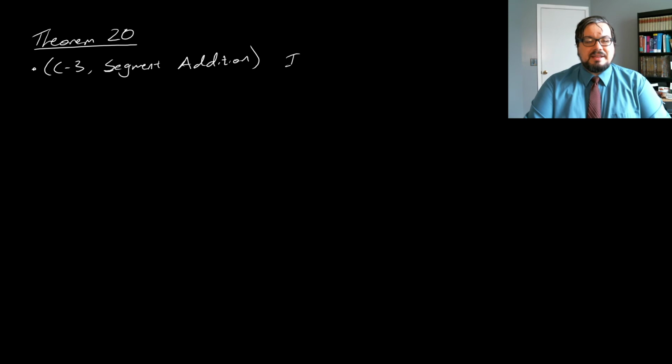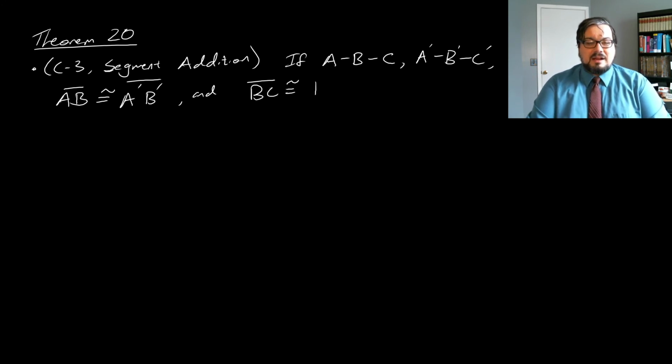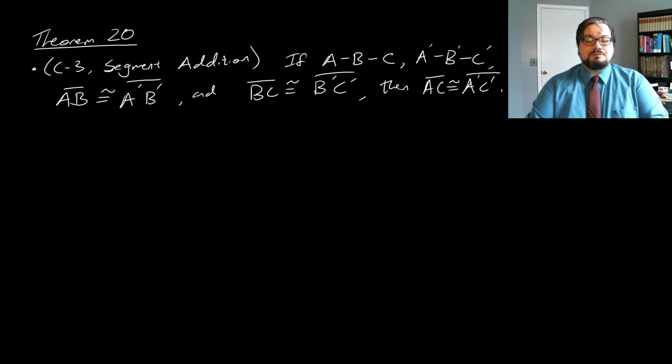So segment addition says that if B is between A and C, B prime is between A prime and C prime, AB is congruent to A prime B prime, and segment BC is congruent to segment B prime C prime, then segment AC is congruent to segment A prime C prime.